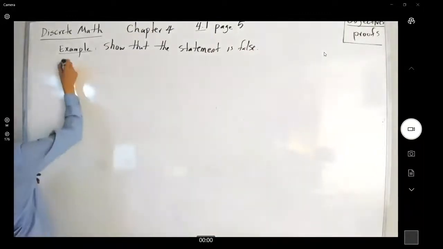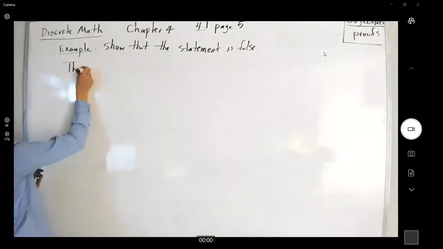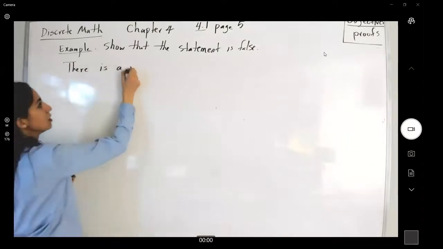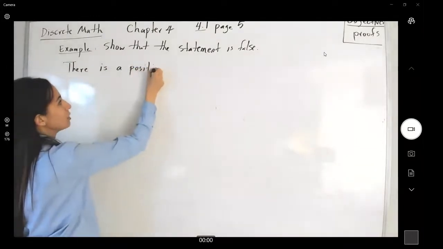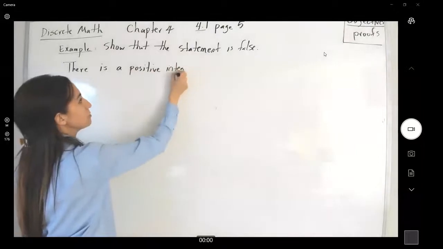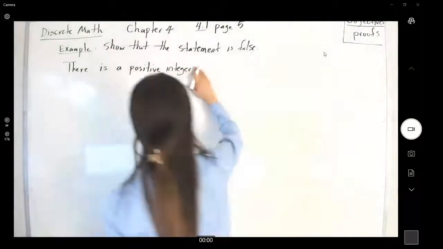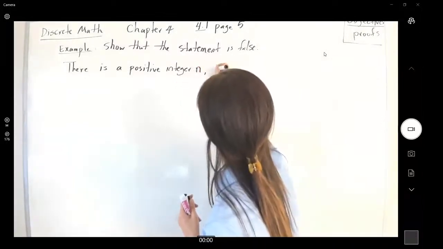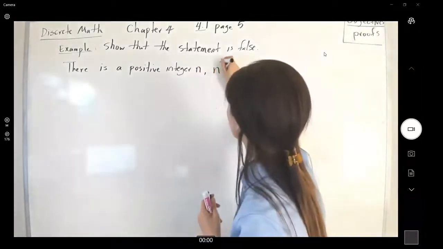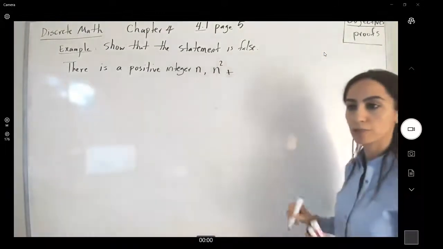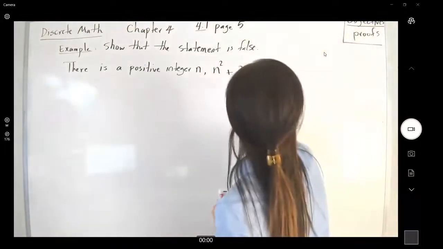There is a positive integer n such that n squared plus 3n plus 2 is prime.